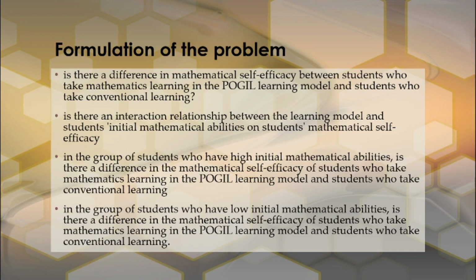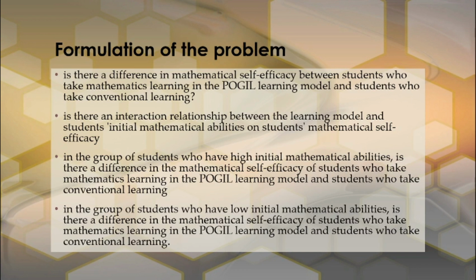In the group of students who have high initial mathematical ability, is there a difference in the mathematical self-efficacy of students who take mathematical learning in the POGIL learning model and students who take conventional learning?